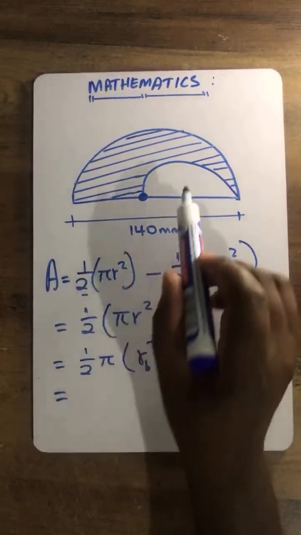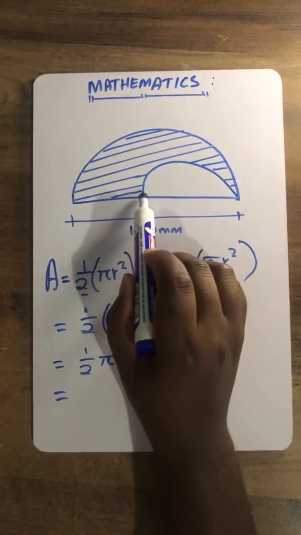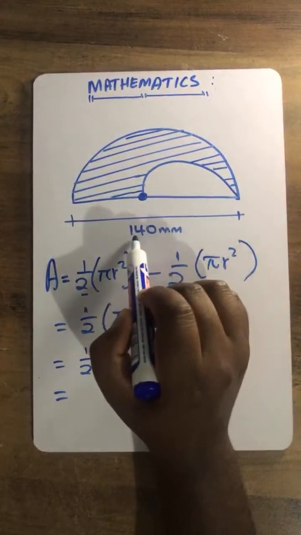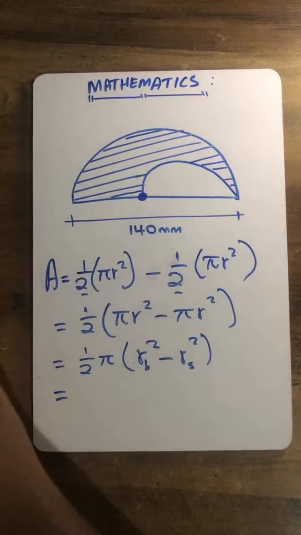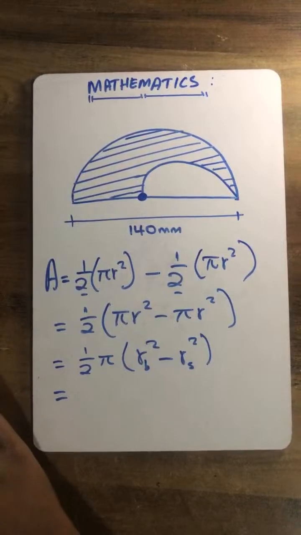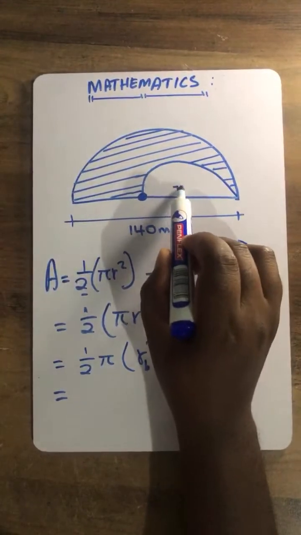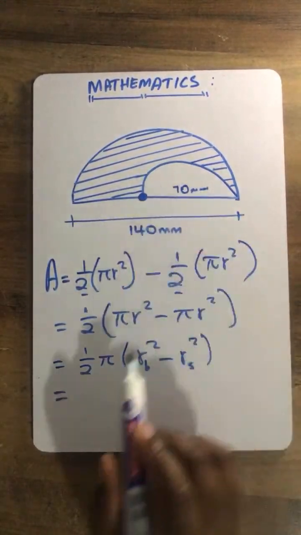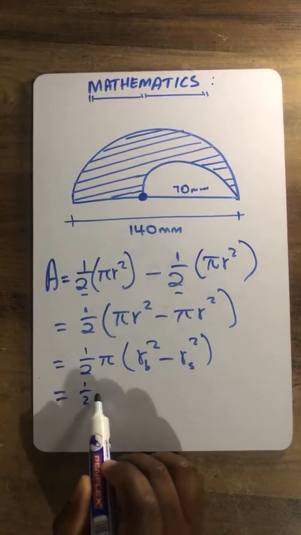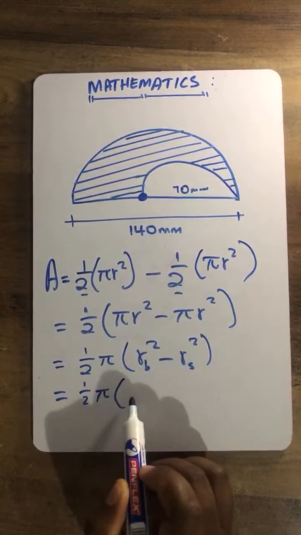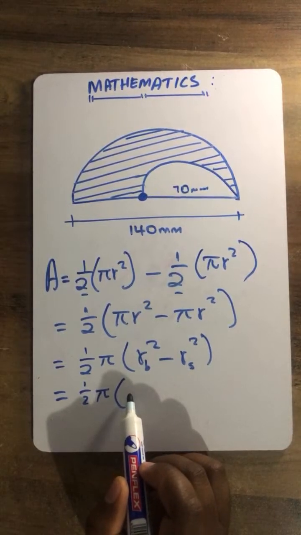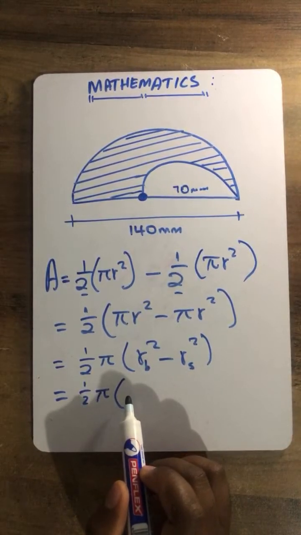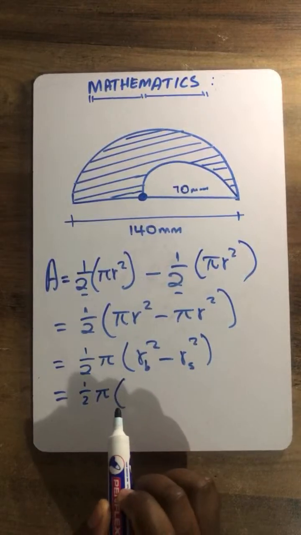So you just need to know what is from the center to there, which is half of 140. What is that? Is it 70? Let's see, 70 times 2 is 140. So this is 70 millimeters. So you've got half pi into the bigger one. We need to be careful of something.